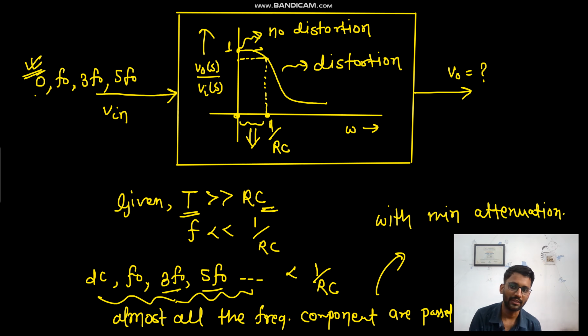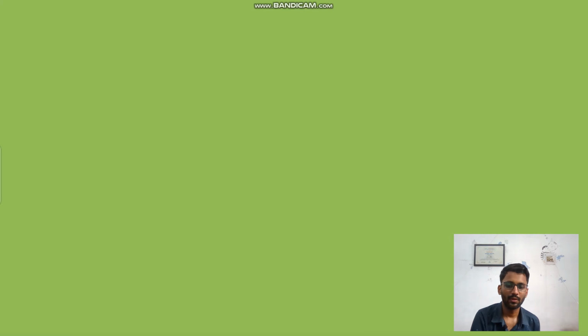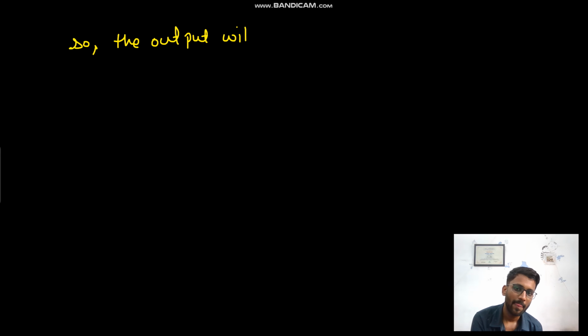All other frequency components will have attenuation, but very little. From here we will have more attenuation, but here there will be very little. So all the frequency components are passed with minimum attenuation, so the output will nearly follow the input.